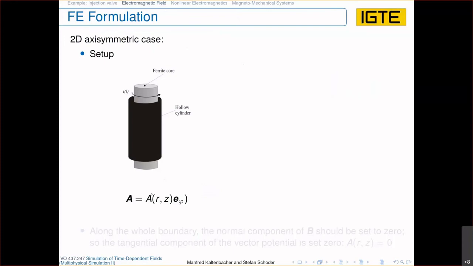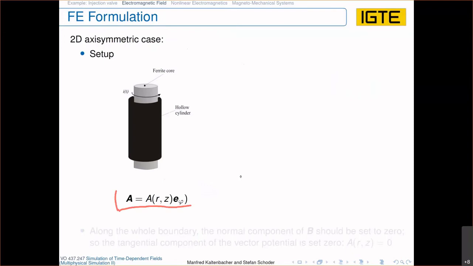As already discussed when we were talking about the gauging, for the axisymmetric case we have exactly this relation: the vector potential has just a phi component, going in circumferential direction, and is a scalar quantity depending on the r and z coordinates.